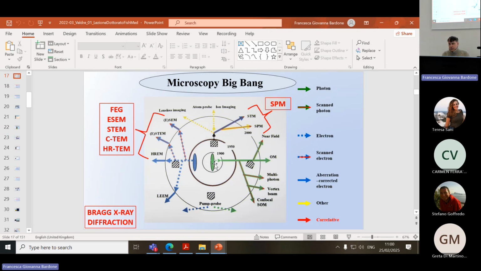For a didactical point of view, I don't want anybody to have any confusion about the different methods in microscopy. So in this lecture, we are dealing with electrons and electron microscopy. And this is what has been developed using electrons in these years.